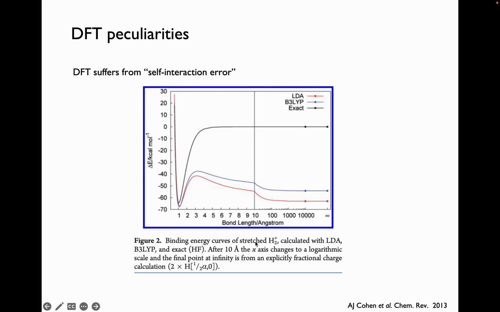There is error that becomes particularly pronounced at these stretched bond lengths through B3LYP because of this self-interaction energy error. So that's just one other very peculiar feature of density functional theory, where Hartree-Fock theory, which would be exact in this case, does not have that problem, and wave function methods will not have this problem. All right, so that's all I'm going to say, and I hope this was helpful.